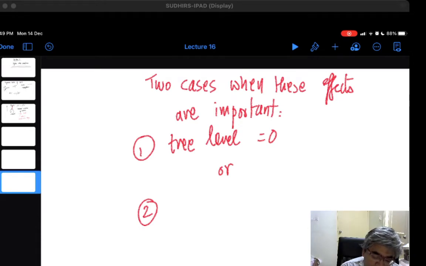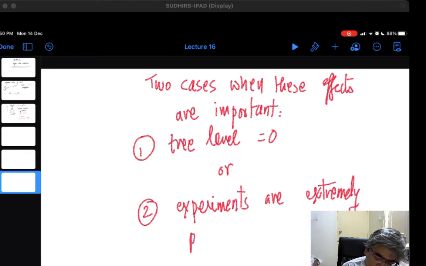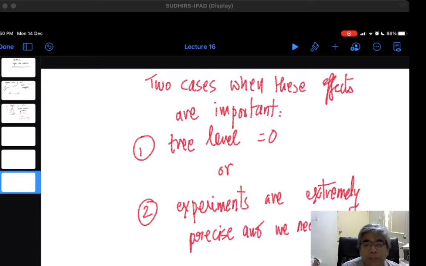The other case would be when experiments are extremely precise. Theory needs to catch up with the experiments. Theory needs a precise prediction.